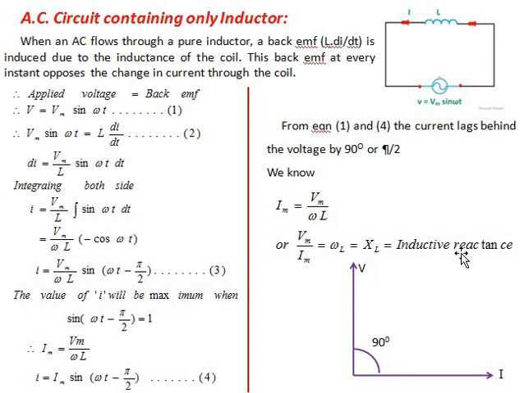We don't call it inductive resistance here, we call it inductive reactance. Reactance means how the inductor reacts when an AC voltage is applied to the circuit containing a pure inductor. Due to this, the current is lagging behind the voltage by 90 degrees, or the voltage leads the current by 90 degrees.